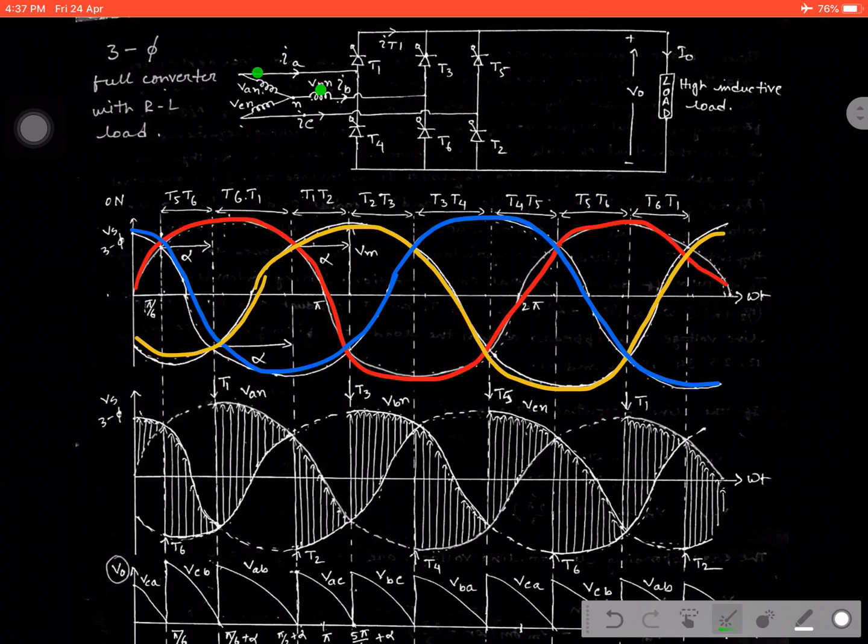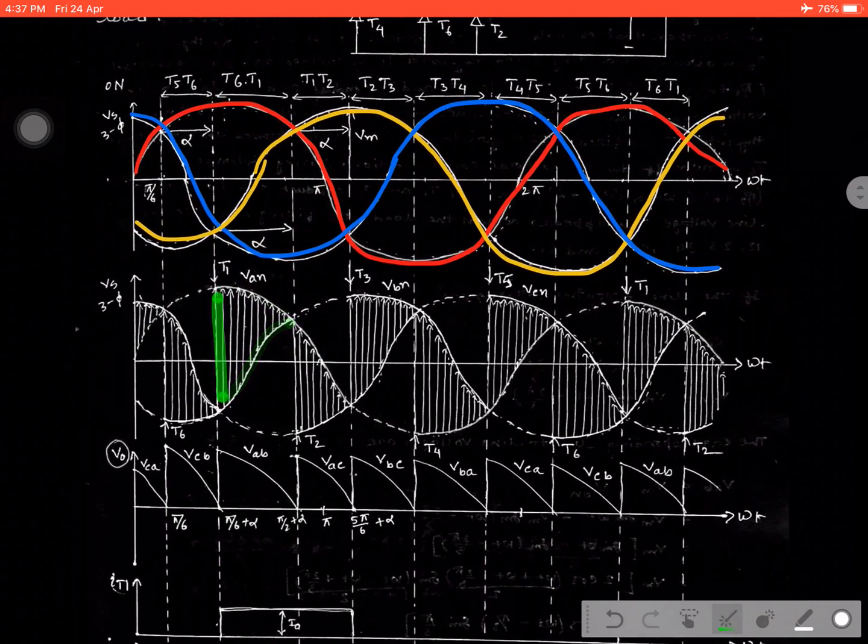The dotted line is mentioned here. That means it will provide the output voltage VAB. This is the input voltage and this is the output voltage.